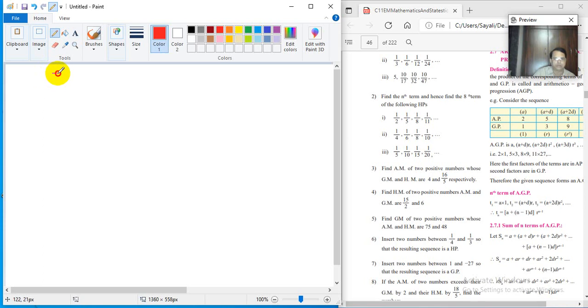So to find arithmetic mean of 2 positive numbers whose GM and HM are given. बघा, find arithmetic mean of 2 positive numbers whose GM and HM are given.